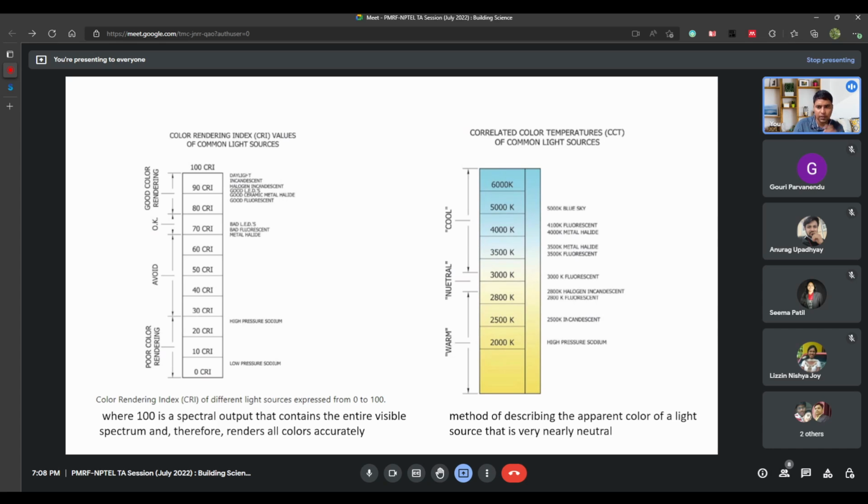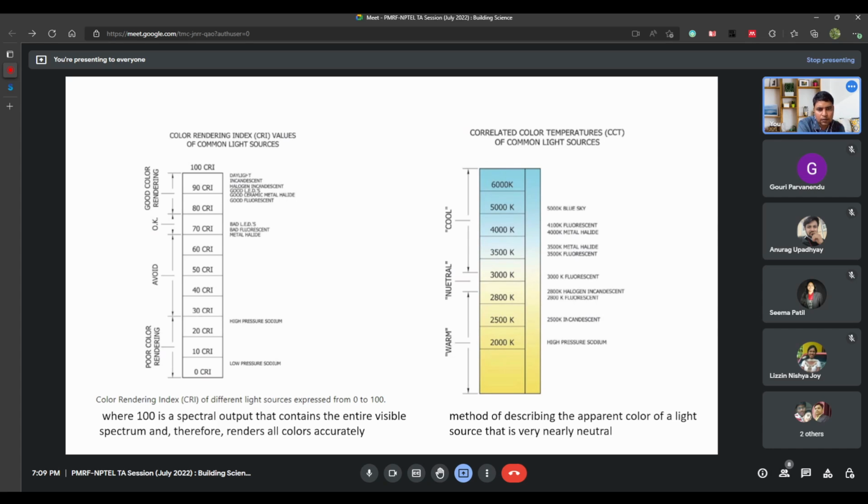The whole spectrum will be there. That's color rendering index. This is actually used in artificial lighting, where some bulbs or lighting devices will have a particular range of color rendering index that you can refer to and then select them.